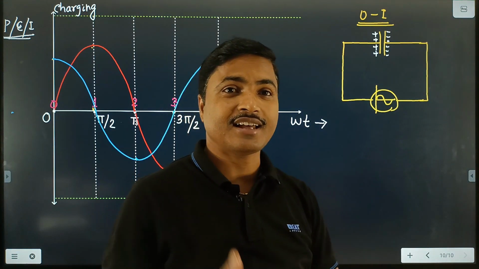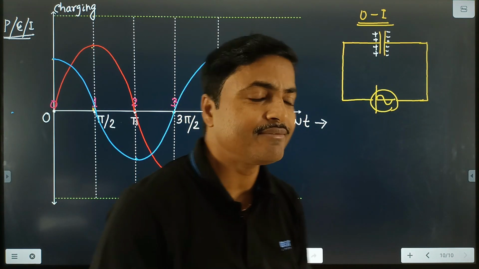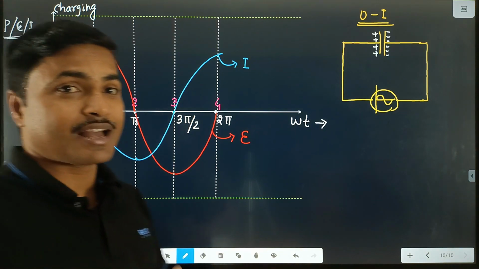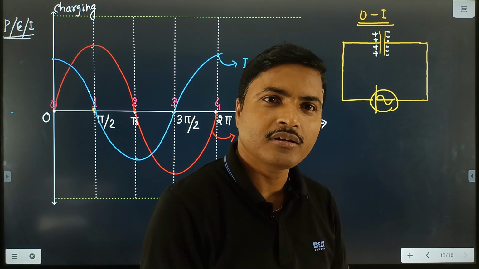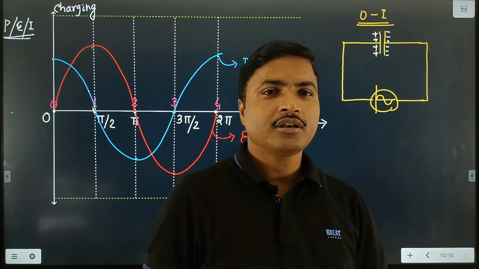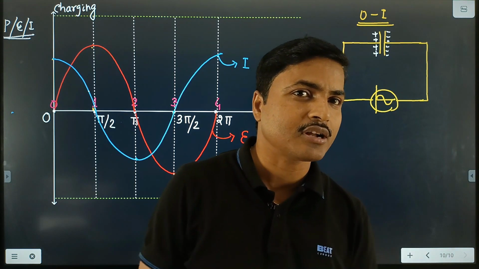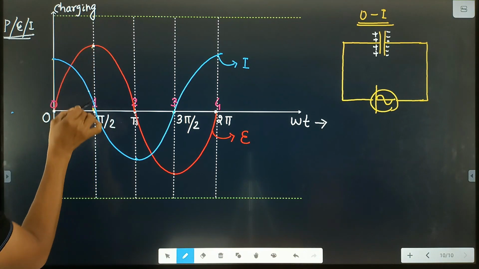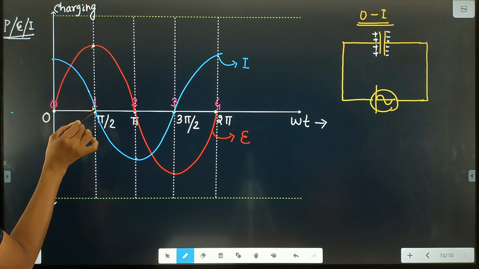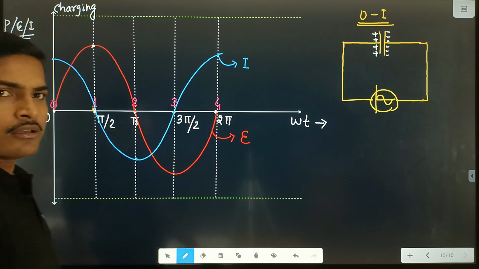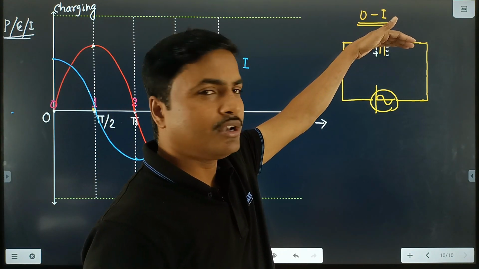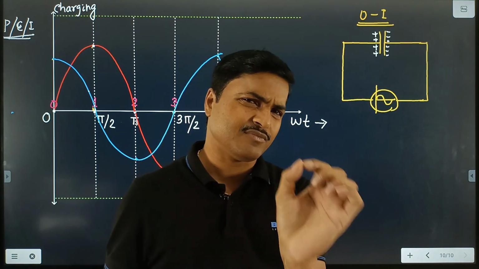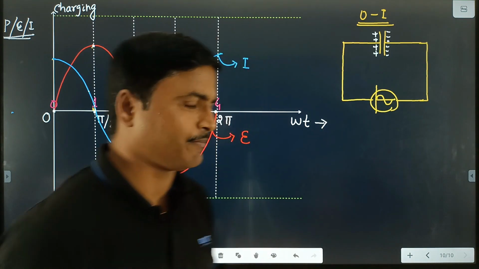Capacitor is fully charged at point pi by 2, and at the same point, what is the magnitude of current? Magnitude of current is 0. That means when the capacitor is fully charged, it totally blocks the alternating current for a very small fraction of time.